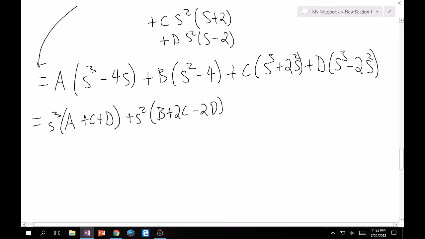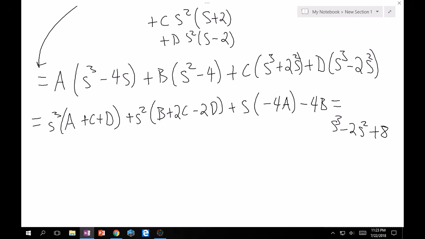Okay. Plus s, where do we have a contribution from s? We have it from minus 4a. Okay, and then for constants, we just have minus 4b. Now, remember what all this is equal to. This is all equal to s cubed minus 2s squared plus 8.